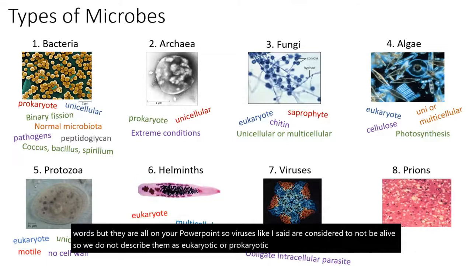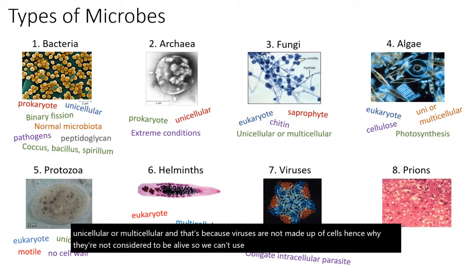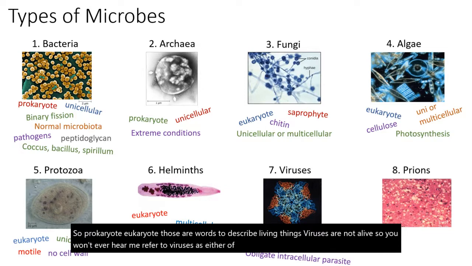Okay, we also don't reference unicellular or multicellular, and that's because viruses are not made up of cells, hence why they're not considered to be alive. So we can't use any words that reference living things, okay? So prokaryote, eukaryote, those are words to describe living things. Viruses are not alive, so you won't ever hear me refer to viruses as either of those terms.